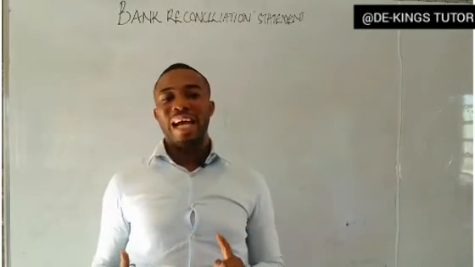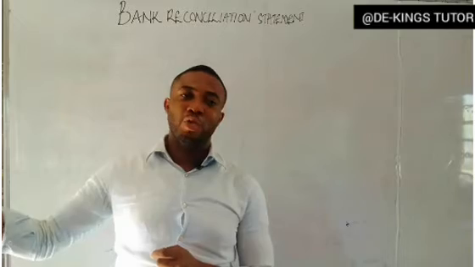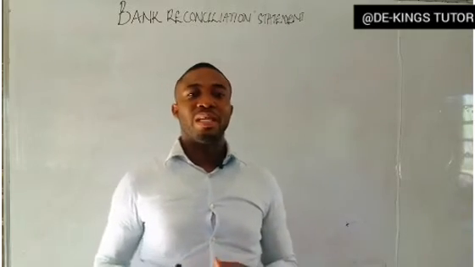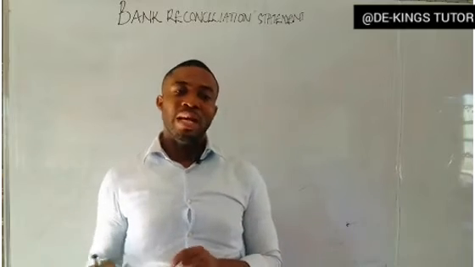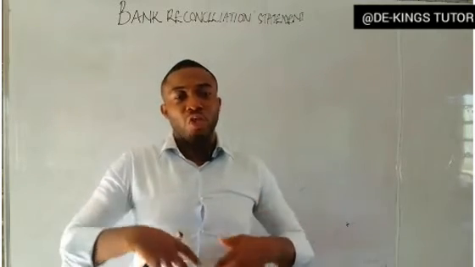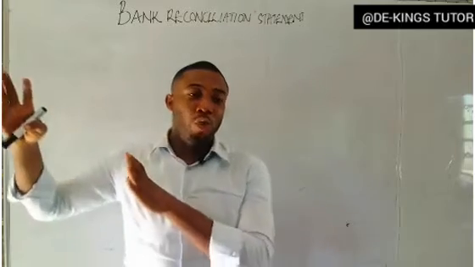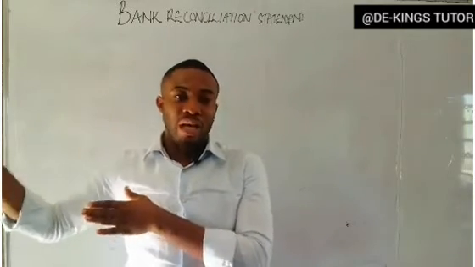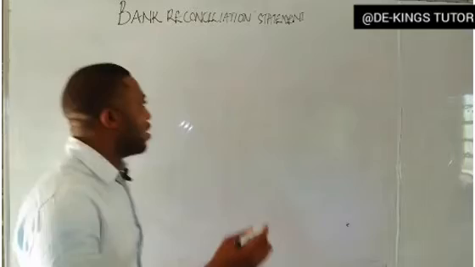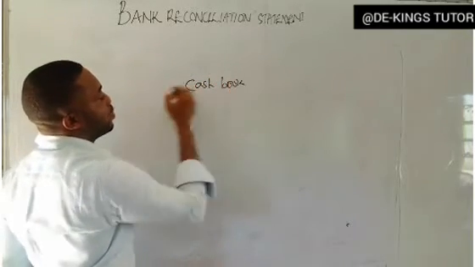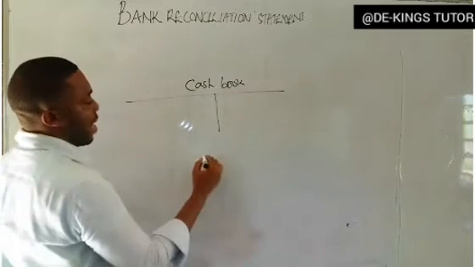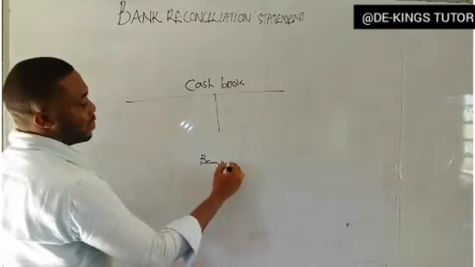So any transaction that passes through the bank, for instance, if he makes payment or a customer makes payment into that account, definitely he's going to record it in his own book, and the bank will also take its own record. For instance, the account prepared by this individual is the cash book, and the bank will prepare its own account.